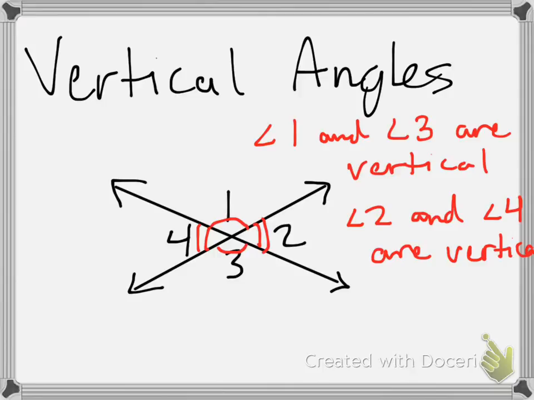The nice thing is vertical angles are also congruent. Okay, so vertical angles are congruent, and congruent means they have the exact same measure. They have the same value. All right, so make sure you write that down. Vertical angles, not only are they opposite of each other when you have two lines, but they're also congruent.